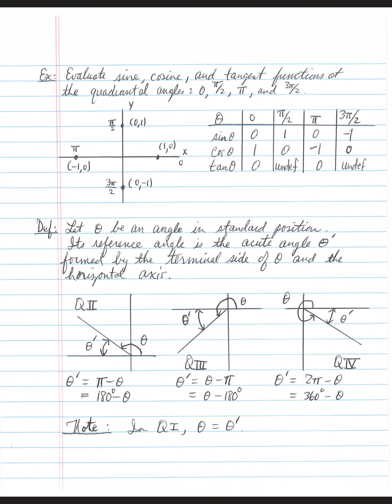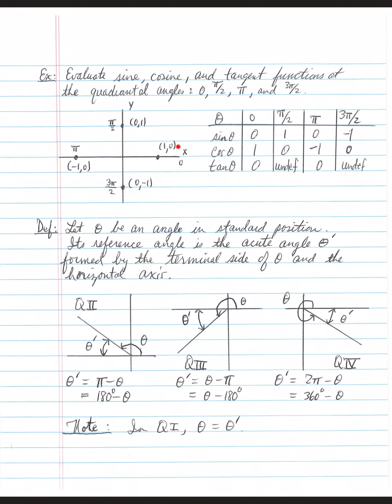Evaluate sine, cosine, and tangent functions at the quadrantal angles of 0, pi over 2, pi, and 3 pi over 2. Basically, all the angles that fall on an axis. Sine is, and remember the distance, I marked them 1 unit away from the origin to make r equal 1. It's just to make it easier to calculate.